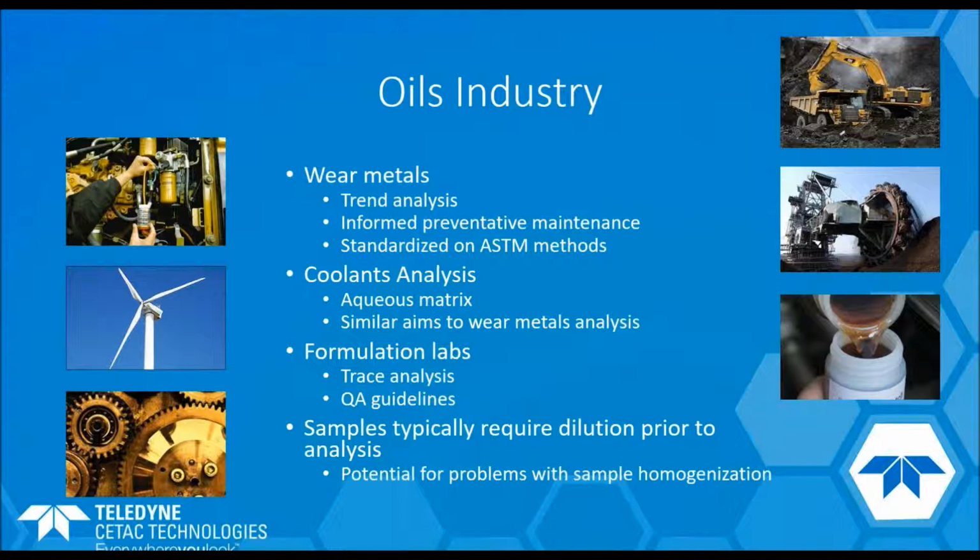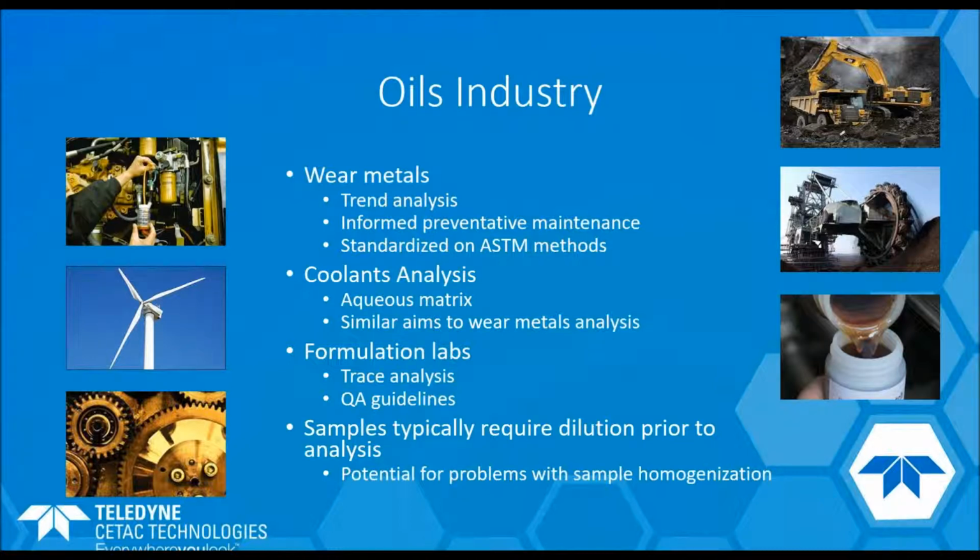Now, this analysis is a trend analysis over time, so we're looking for spikes and key elements that will help direct preventative maintenance schedules, which allows the operators and owners of this equipment to know what preventative maintenance is required and do it at a convenient time.